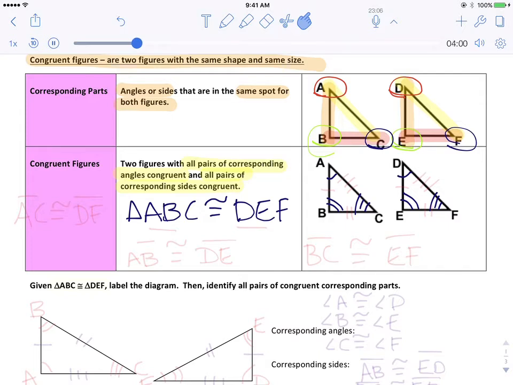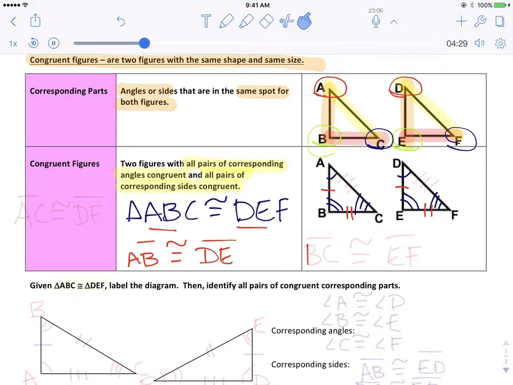In the same way, when we look at naming the sides, AB is written first. So that would be this side here. Then DE is written first in the other one. So that means that AB, that line segment AB, is congruent to DE. In the same way, BC would be congruent to EF.